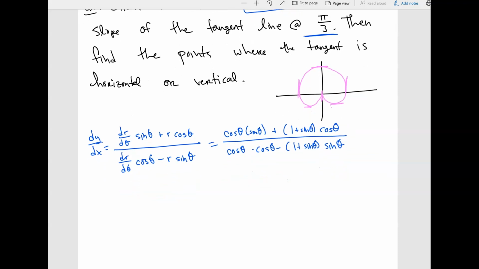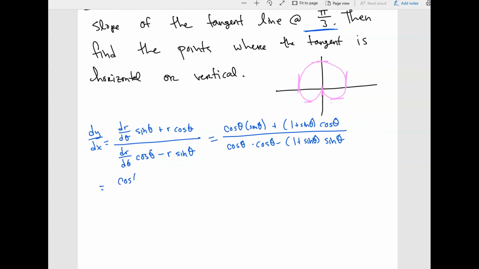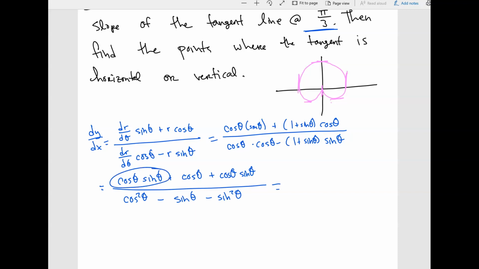Okay, so let's go ahead and clean this up. So you have cosine of theta sine of theta, plus cosine of theta, plus cosine of theta sine theta, divided by cosine squared theta minus sine theta minus sine squared theta. Then I can group these two guys together.